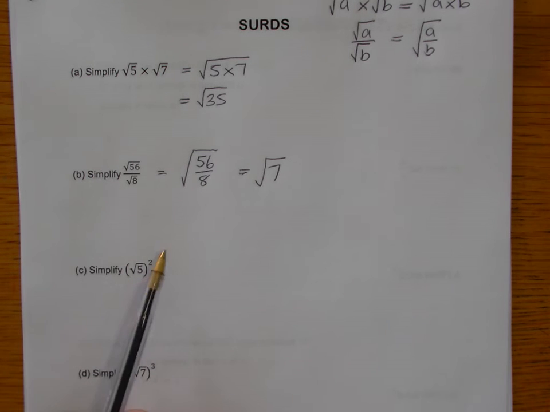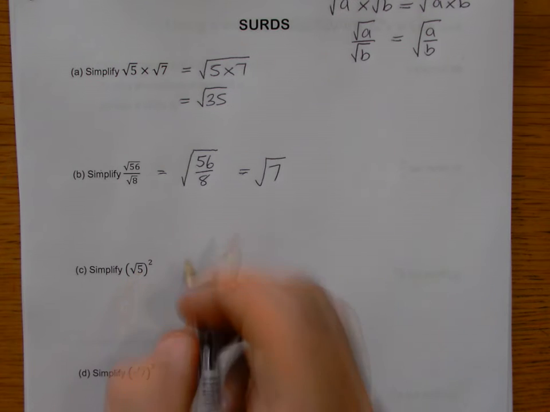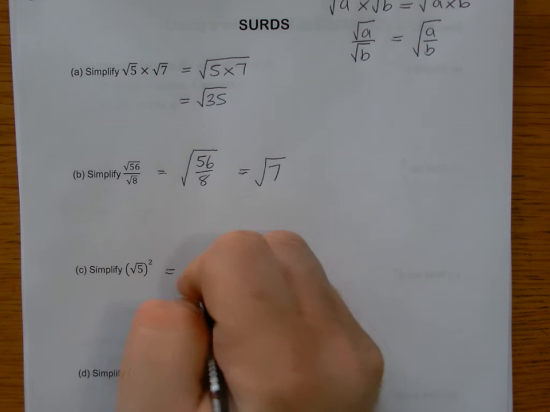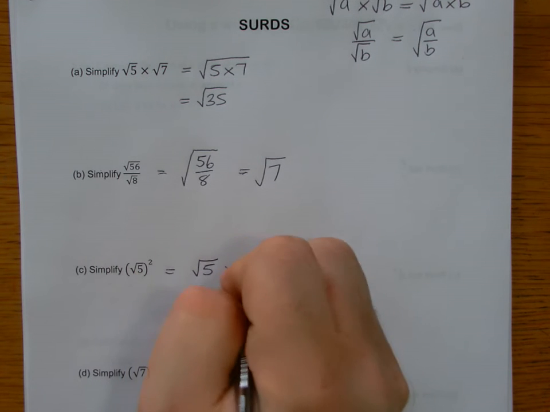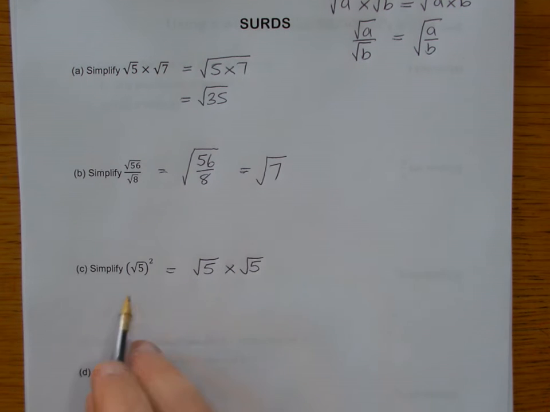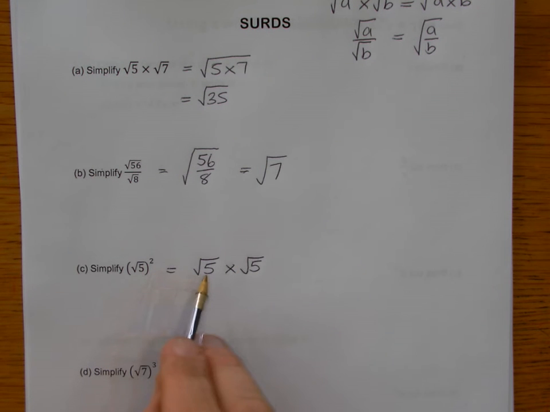Now in C, notice you've got a square. You've got to square the root of 5. Now we know with squaring, it's times by itself. That's what squaring means. So in this case, root 5, when we square it, it'll be root 5 times root 5.